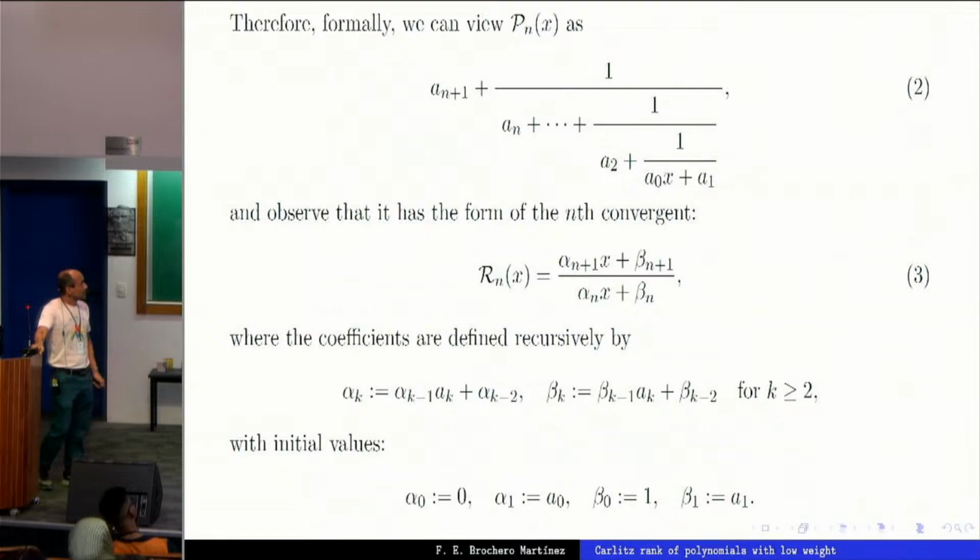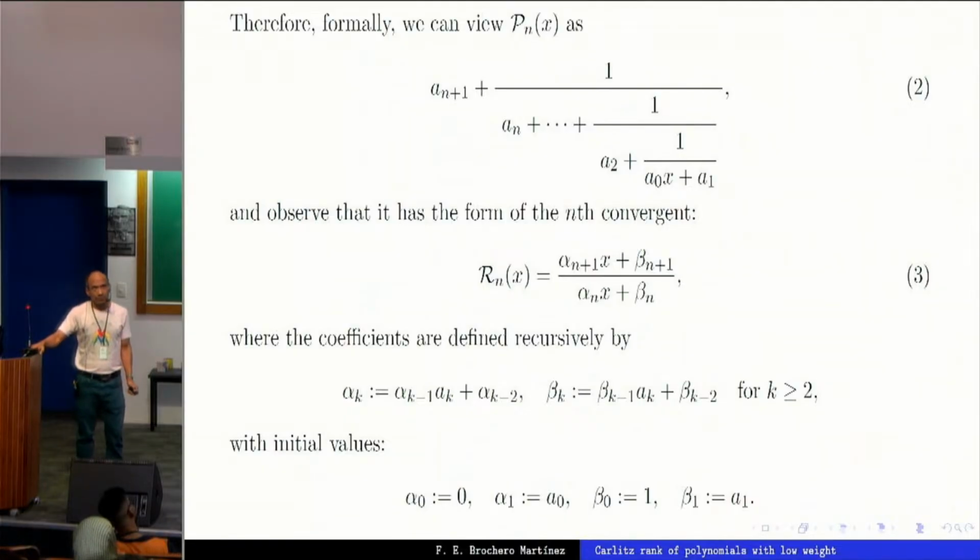And in the end, we obtain this denominator that is clear cannot be 0. This constant can be calculated recursively by this relation here. This is a classical result about continued fractions.